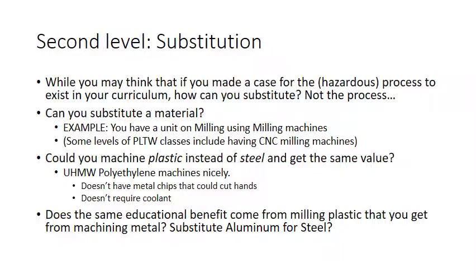If you've made the case that some particular operation is necessary in your class, can you substitute something for that? And not only the process, but the materials. With the process, it could be, if you want to demonstrate casting, well, aluminum casting is very involved.